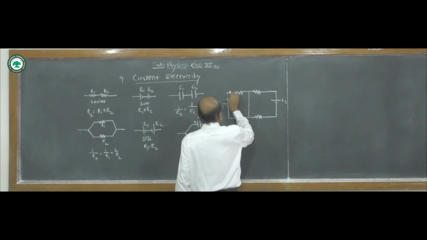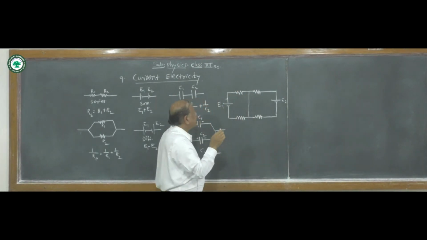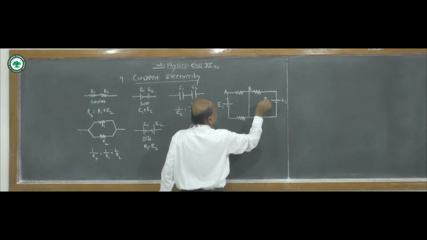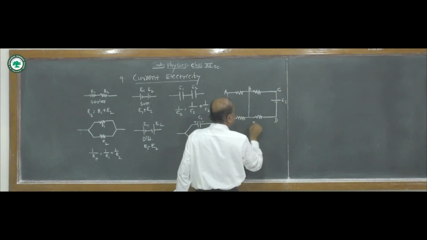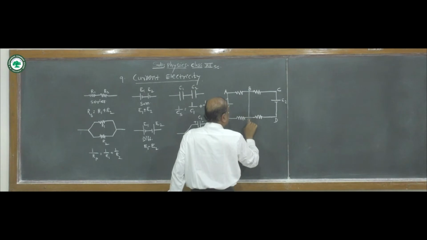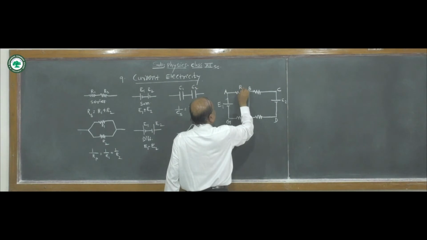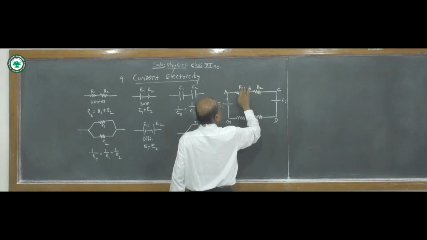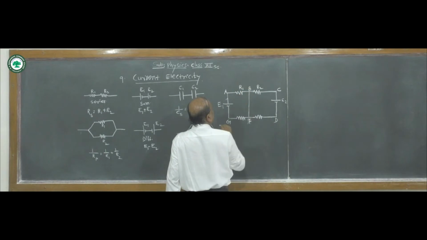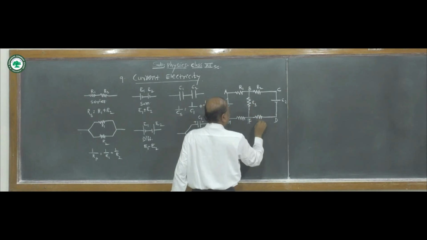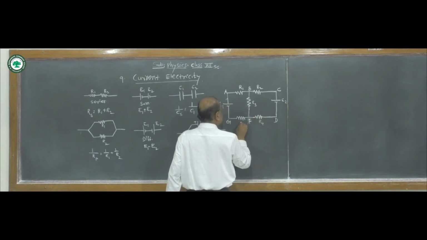And now this network has points A, B, C, D, F and G. Now this is R1, this resistance is R2. Now here we connect one more resistance, that is R3, this is R4 and this is R5.